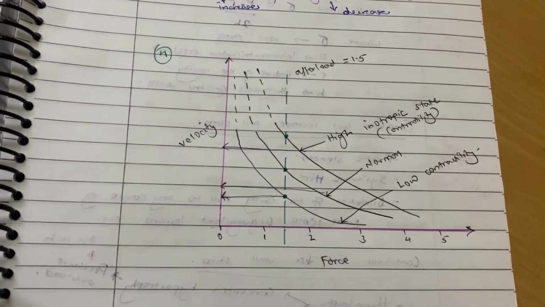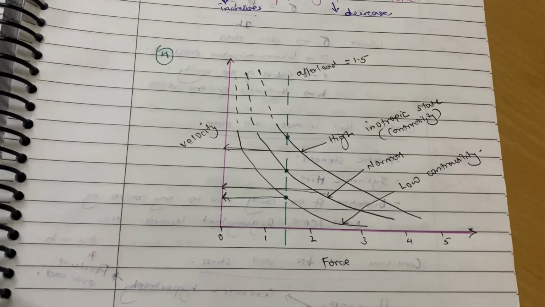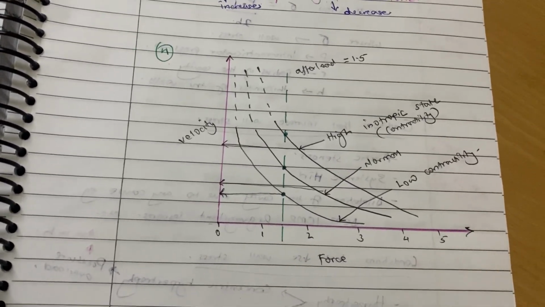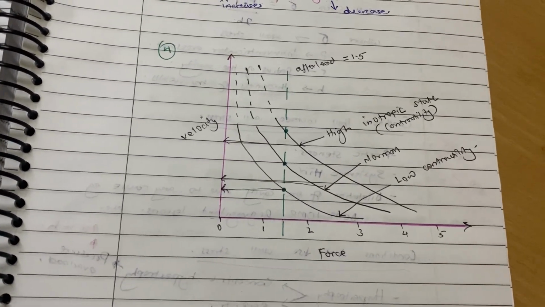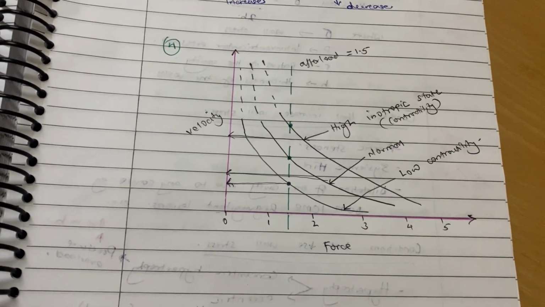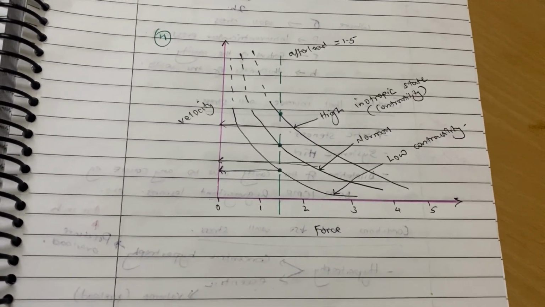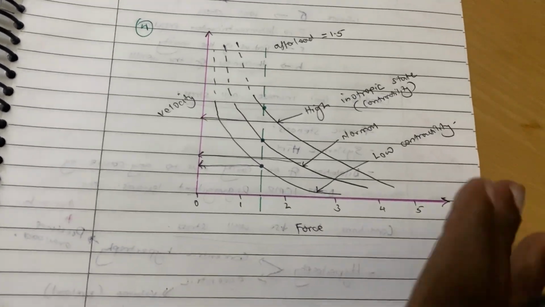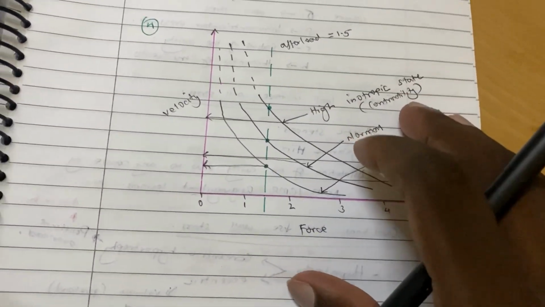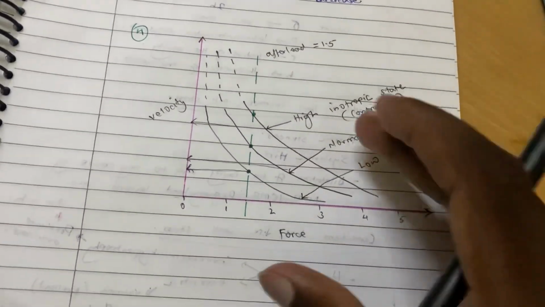So a person under vagal tone, contractility is low. A patient under sympathetic tone, contractility is high. So this is a graph. It is very easy to understand from the graph than from the words themselves.